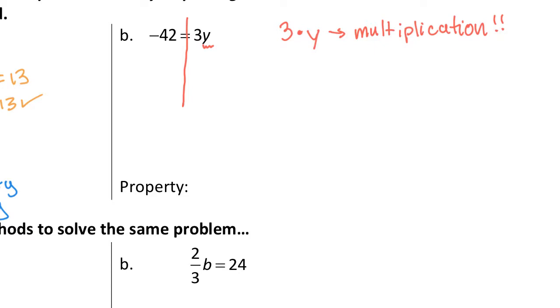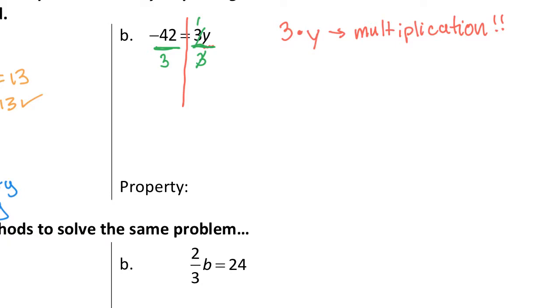We learned earlier that the fraction bar means division, so we can use that here as a little bit of a shortcut. So I'm going to divide both sides by 3. Once again, the inverse property makes a 1 here.